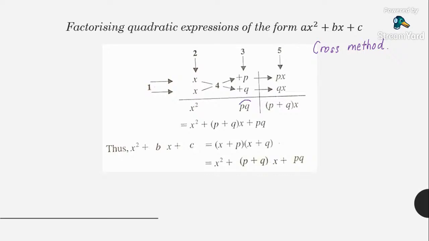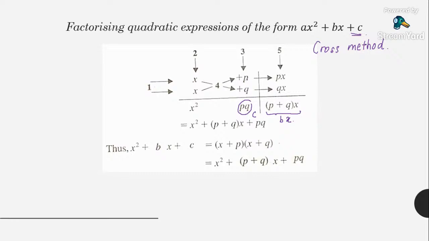So what you have over here is actually the value of c, as you can see in your quadratic expression. And what you have over here is actually the bx. So p plus q is equal to b. This is your bx here.